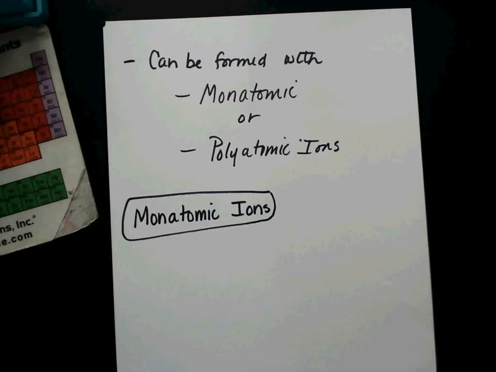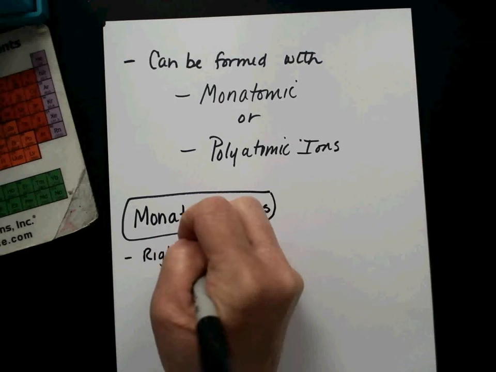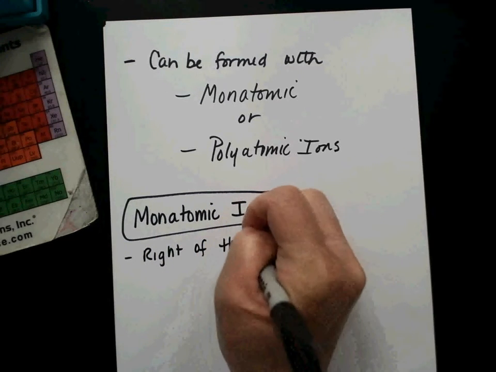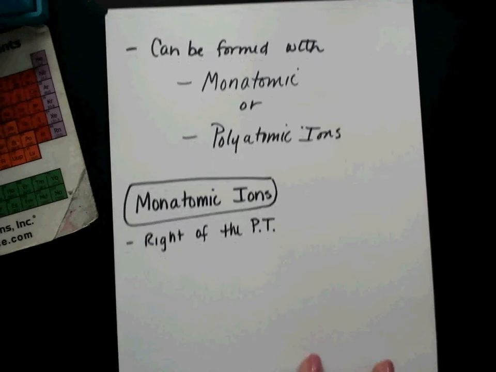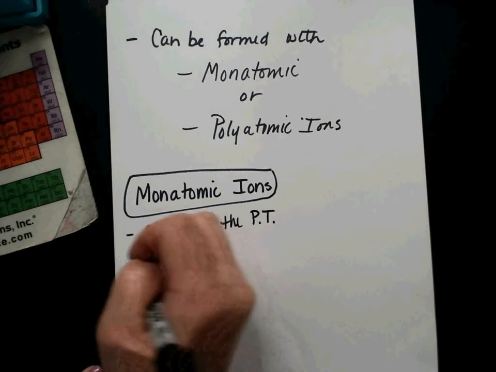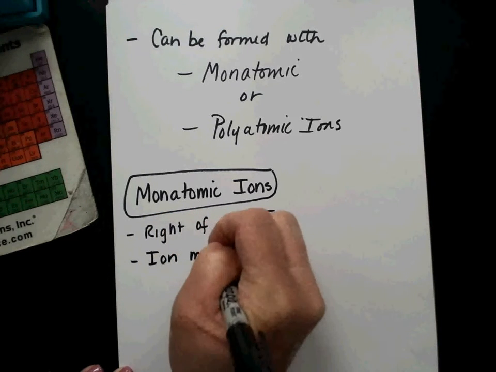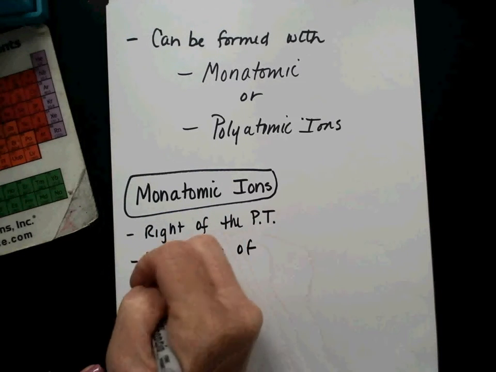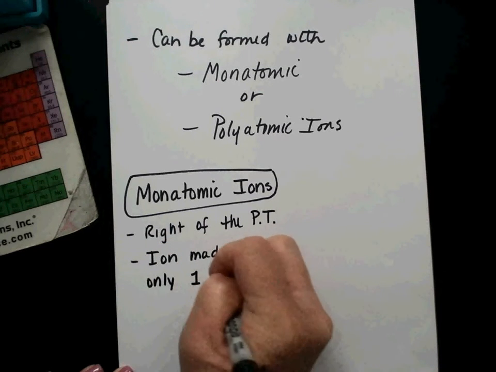A monatomic ion, those are the ones that are right off the periodic table. I just go look them up and I figure out the charge based on what group they're in. It's an ion made of only one atom.